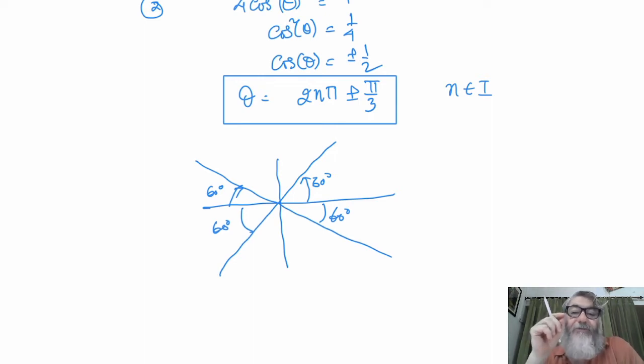So if you look into the principal solution, it is 60 degree. 180 minus 60 will be 120 in the second quadrant, which will give you minus 1 upon 2. 180 plus 60, 240. Cos 240 is minus 1 upon 2, which is in the third quadrant. And 360 minus 60, 300, which will be in the fourth quadrant, which will be positive 1 upon 2. But we are talking of general solution.